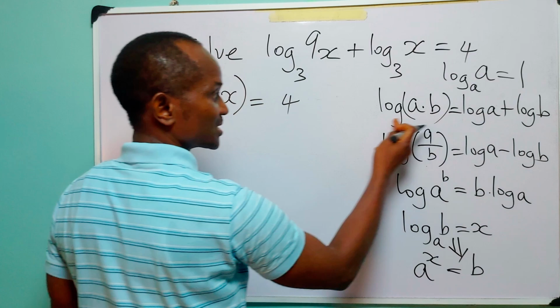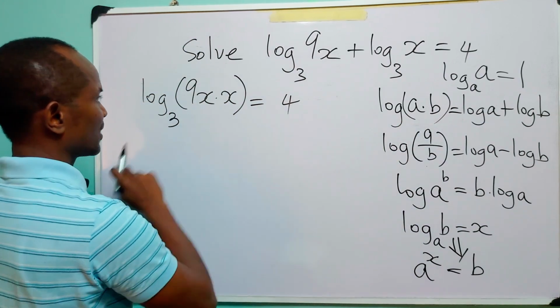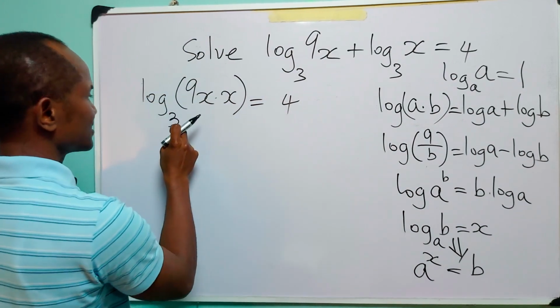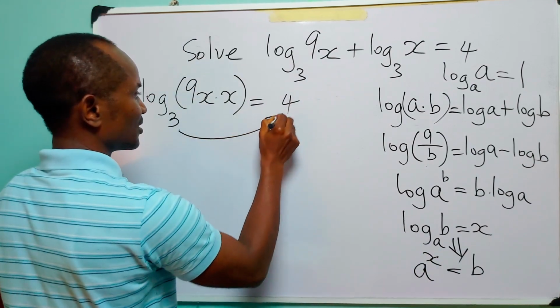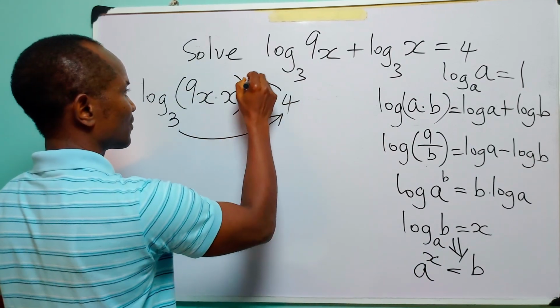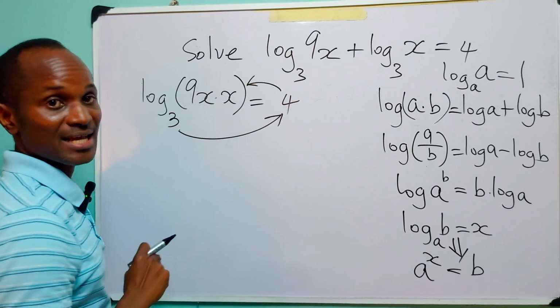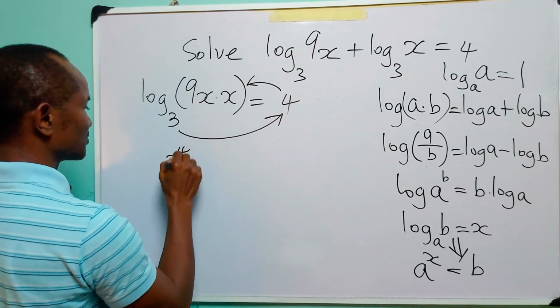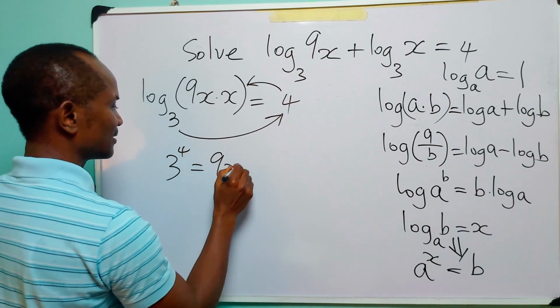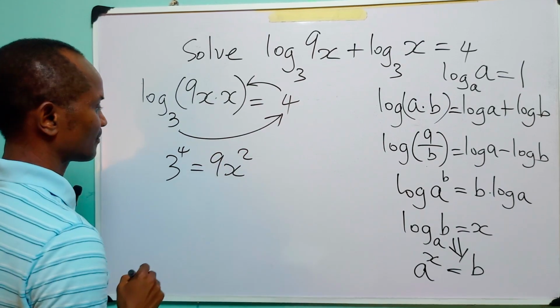That is from the first law. And when we do this, you can see that from the last line, 3 to the 4th power is equal to 9x times x, or 9x squared. So we have that 3 to the 4th power is equal to 9x squared.